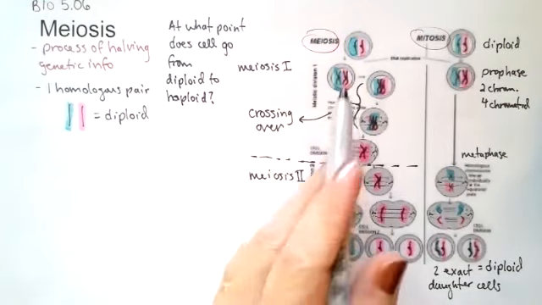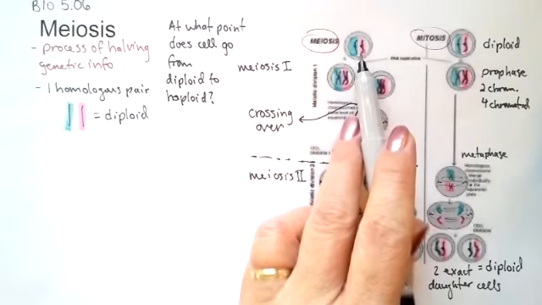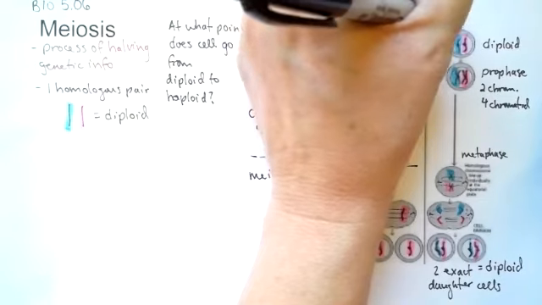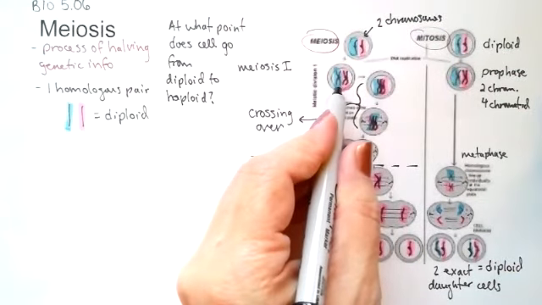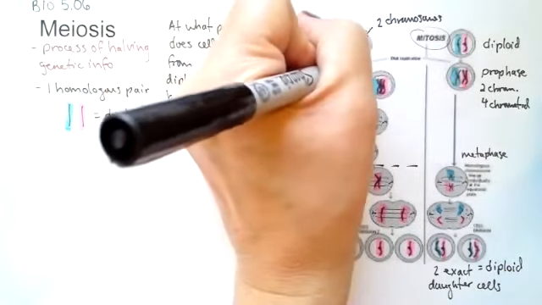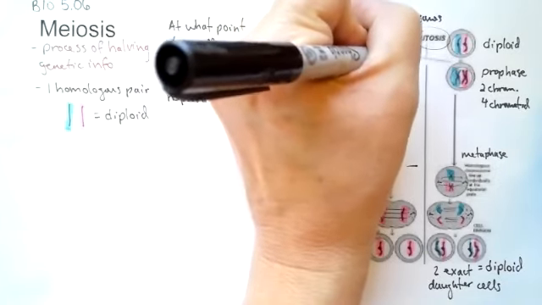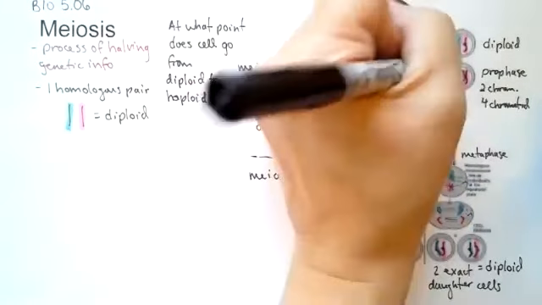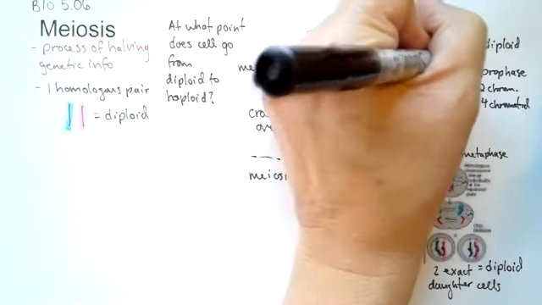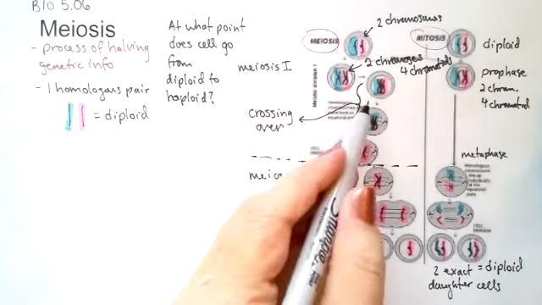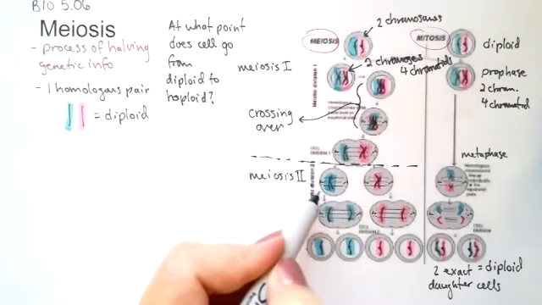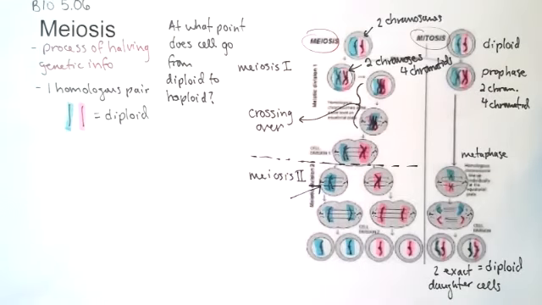All right, let's go back to the beginning. How many chromosomes here? 2 chromosomes. How many chromosomes here? 2 chromosomes, 4 chromatids. We're crossing over, we're beginning to separate, and now we come down here. How many chromosomes in that cell?